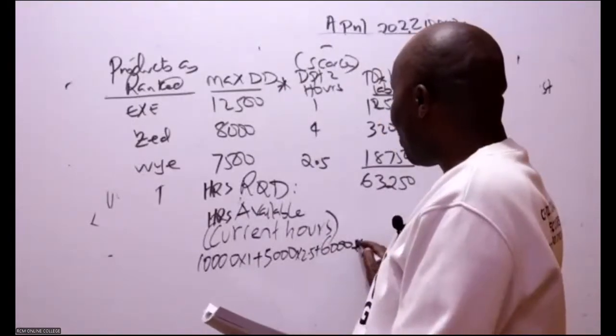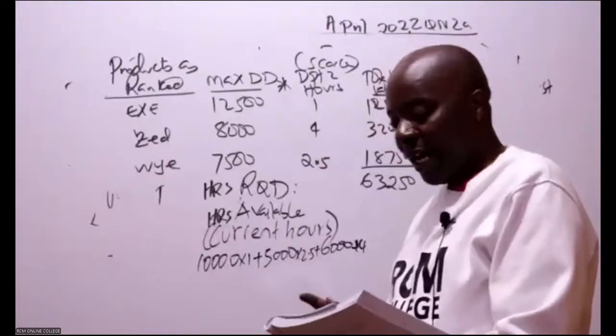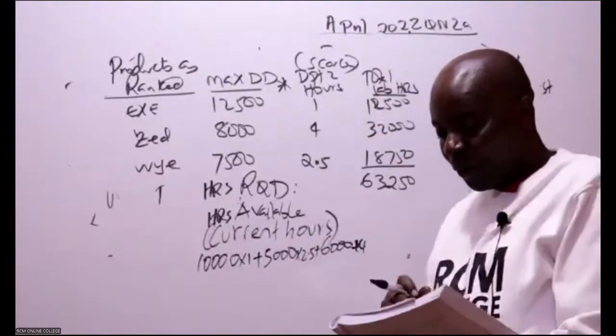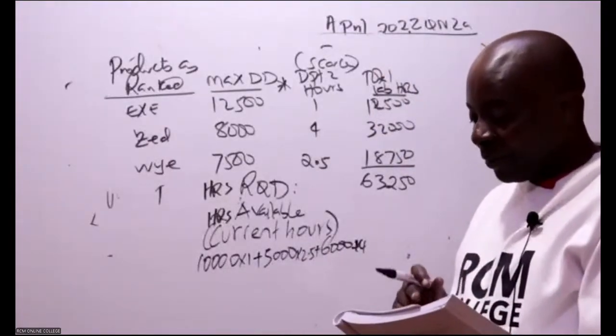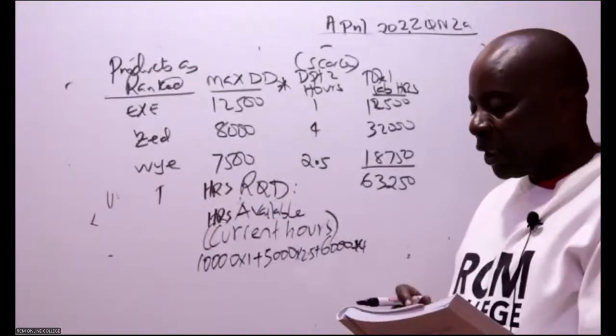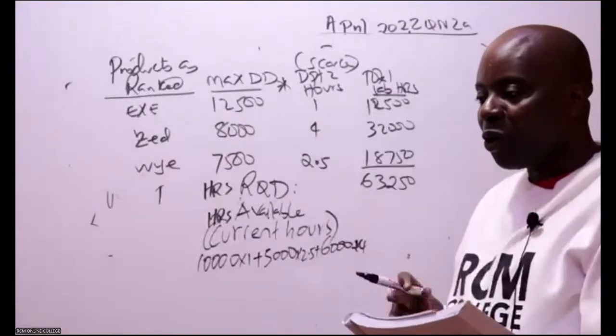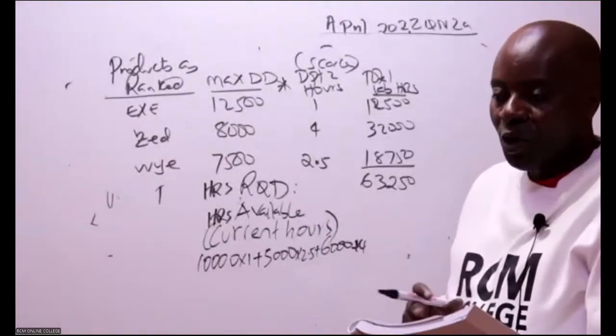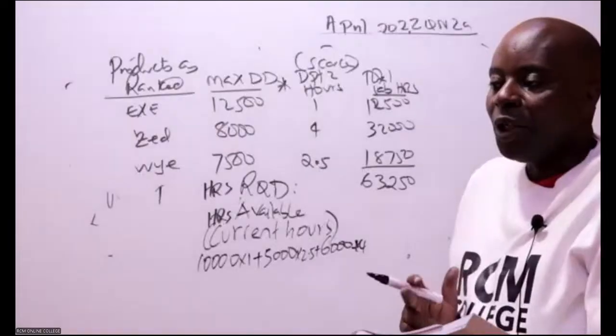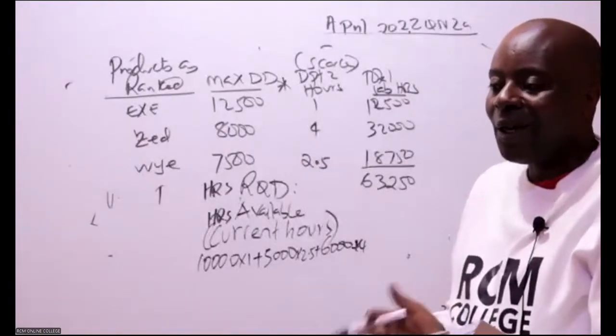Those who are able to get that, very good. And you see, they told us in note 2 that there is a shortage of labor in Department 2, and it's not possible to increase labor input hours beyond the level currently utilized. That would have thrown your thoughts towards using the current output.